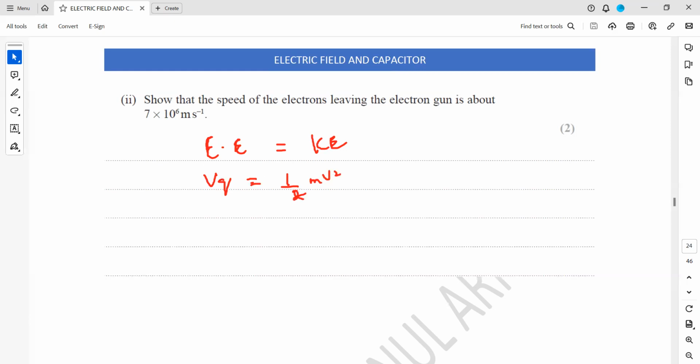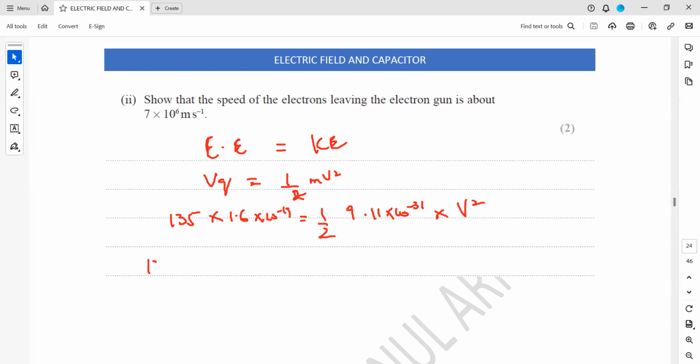V is the voltage or the potential which we applied, that is 135. The charge of an electron is a fixed value, 1.6 × 10^-19 coulombs. Half the mass of the electron, you can use the constant value which will be given in the exam. The rest mass of an electron is 9.11 × 10^-31, multiplied by v squared.